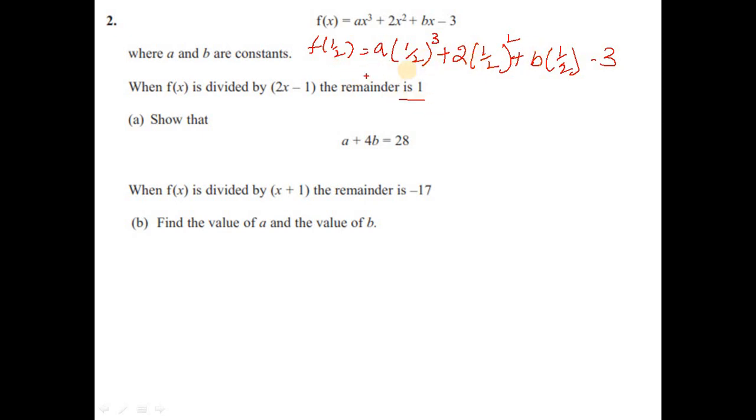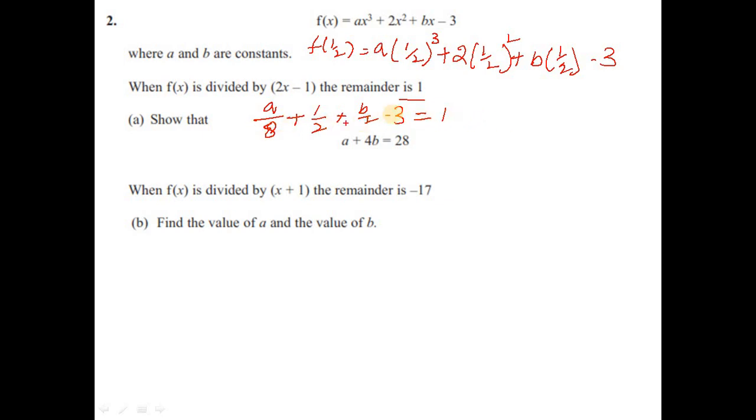So you can simplify this equation as a by 8, because 1 upon 2 cubed is 1 by 8, so a by 8 plus, this is 1 upon 4 and the 2 gets cancelled, so 1 upon 2, plus b by 2 minus 3 is equal to f of half, which is 1.